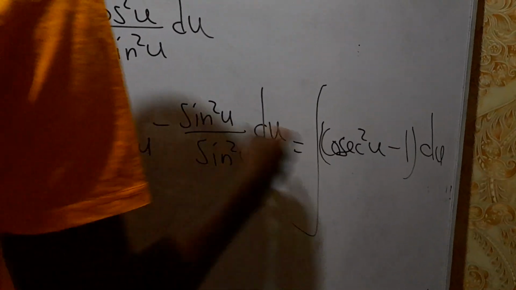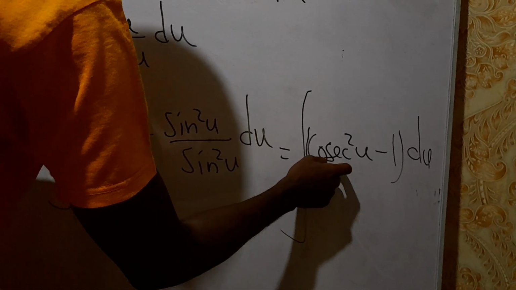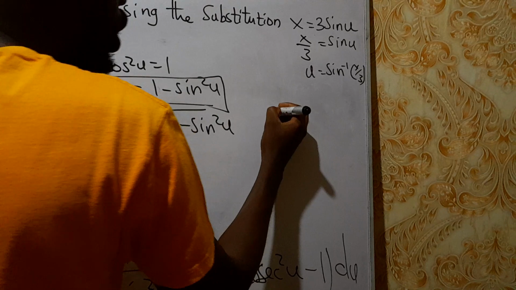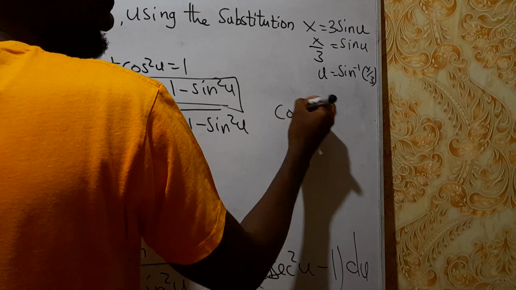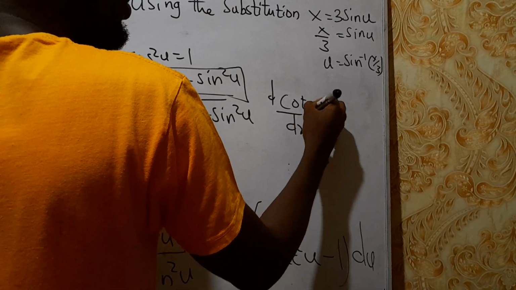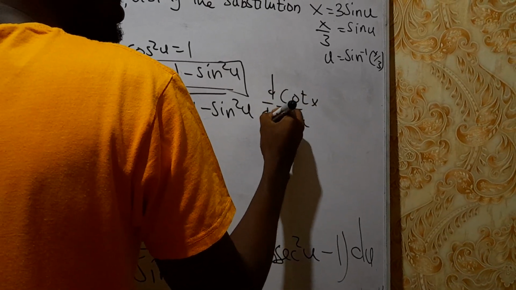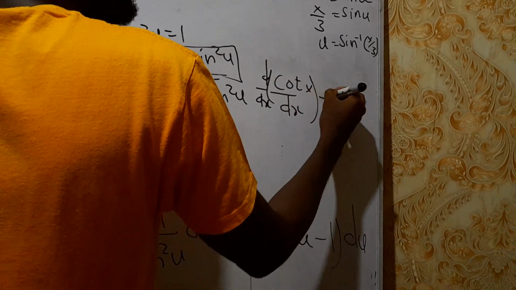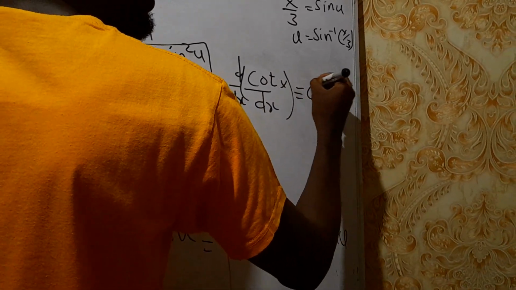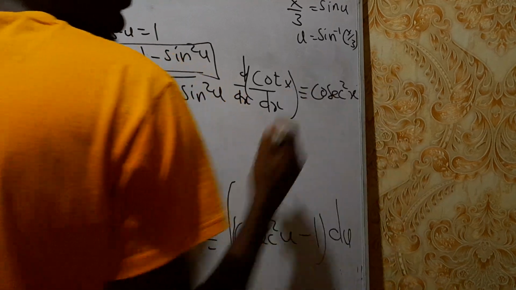So we need to know the integral of cosec square u. Remember, when we differentiate cot x, the differential of cot x dx will be equal to negative cosec square x, if you remember very well.